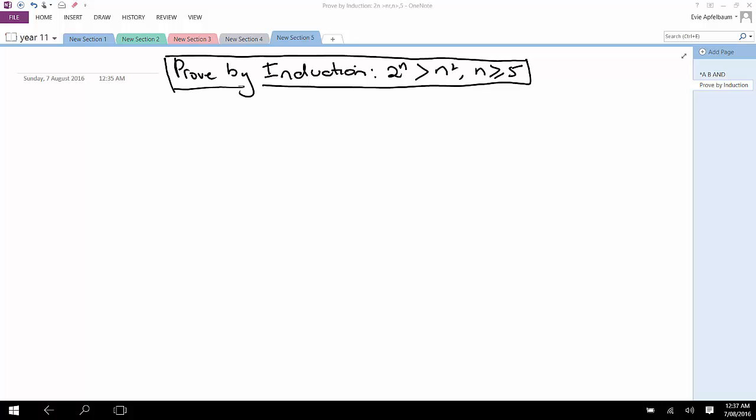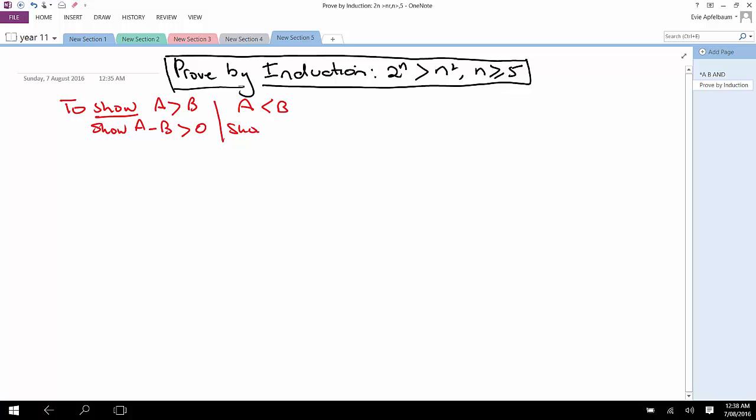There are a couple of things that you need to remember when proving inequalities. First of all, to show or to prove that something's bigger than something else, you would like to show that the difference is positive. Similarly, to show that A is less than B, you would like to show that the difference is negative.